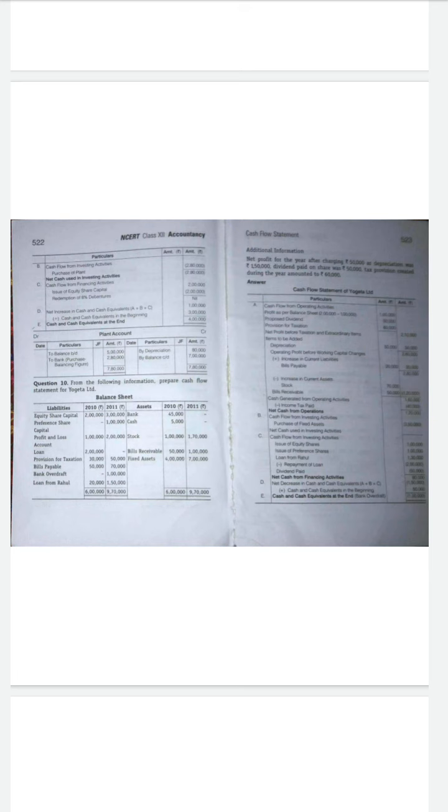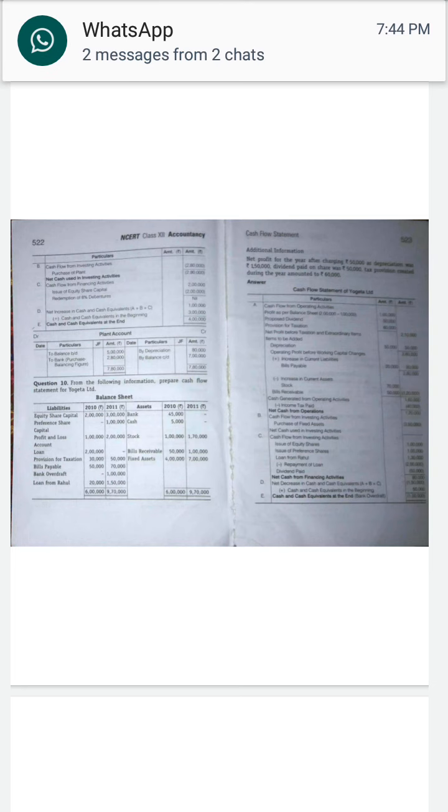From the investing activity minus 3,50,000, and the financing activity plus 80,000. So plus 1,20,000 minus 3,50,000 and plus 80,000. We add 1,20,000 plus 80,000, that is 2 lakhs. So 2 lakhs minus 3,50,000.